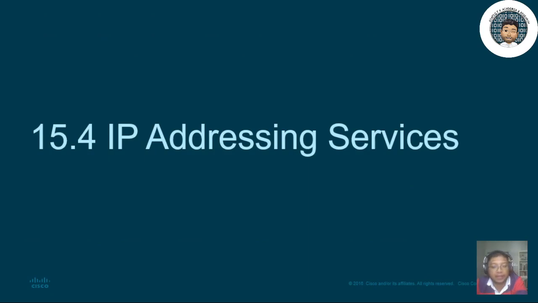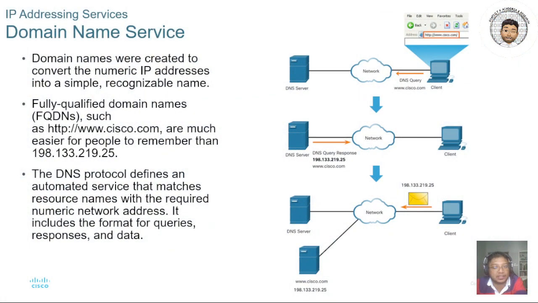Okay, next for the application layer, we also have the IP addressing services, especially when you want to request web pages. Usually when you request web pages, you type in the domain name. So domain names were created to convert the numeric IP address into a simple recognizable name.